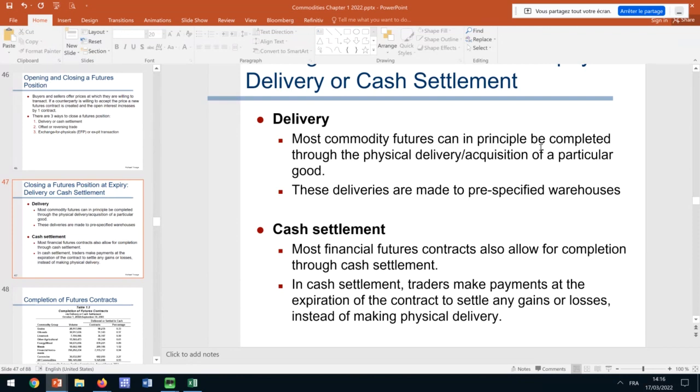Somebody else wants to buy the wheat, but you don't want to deliver it. So you can just pay money to the person who wants to take your wheat, so that they can buy the wheat from somebody else. That's the cash settlement. You take it until delivery, and then instead of delivering, you pay whatever you need to pay for not having to deliver. That's financially identical to delivery.